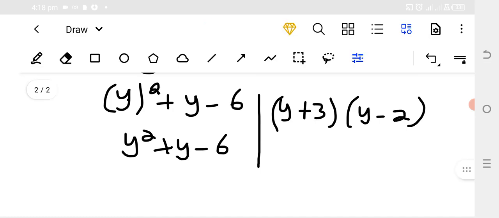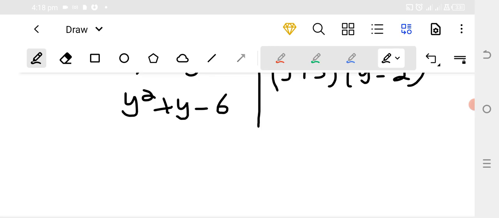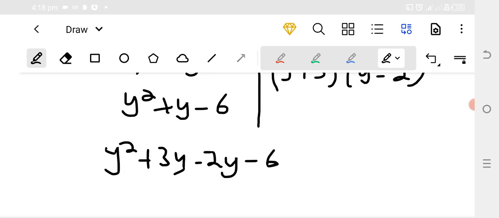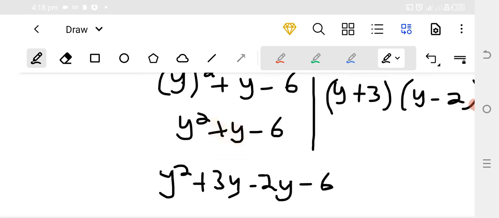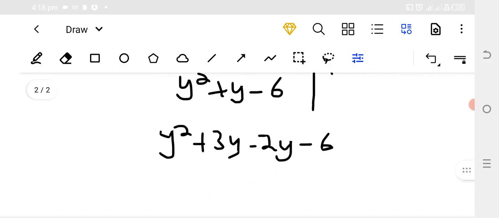So if you use your normal method, I'm going to do it real fast due to time. Instead of writing y, I'm going to write y squared plus 3y minus 2y minus 6. We have not changed anything, we've just written y in the form of 3y minus 2y. Then you factorize by grouping.